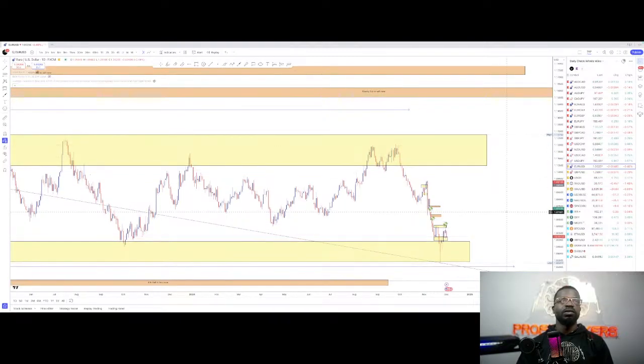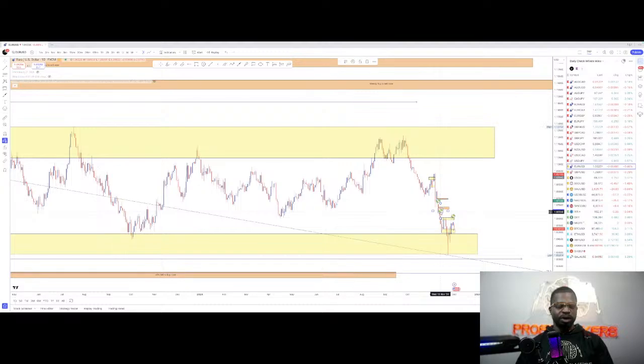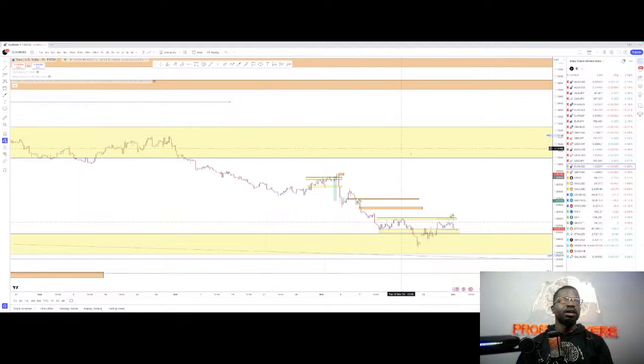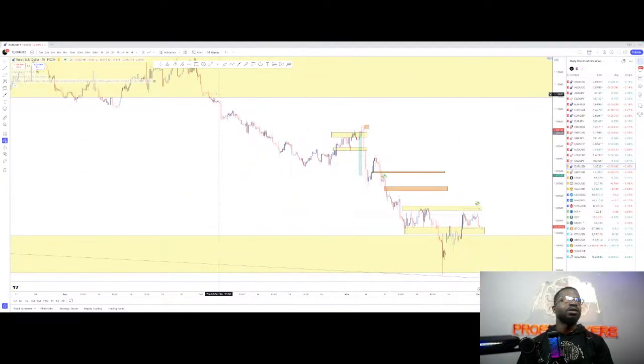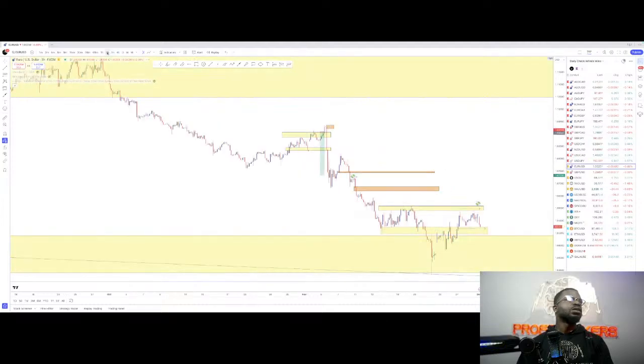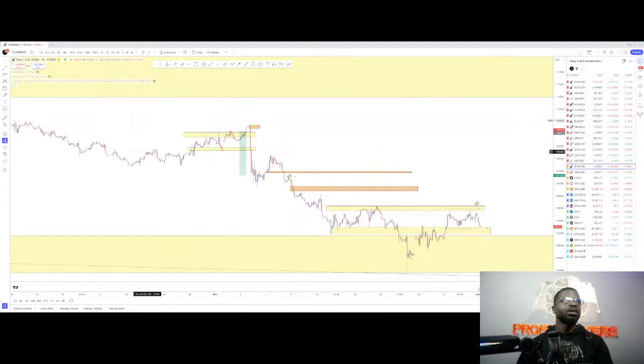Now, what do we have? So we got money above, we got money below. We know where price could go if it drops below. Now, just in case it breaks above the highs, what could we look at as far as a potential move?